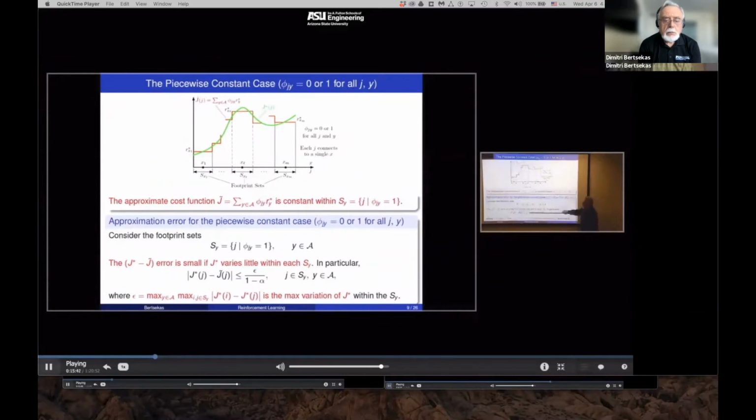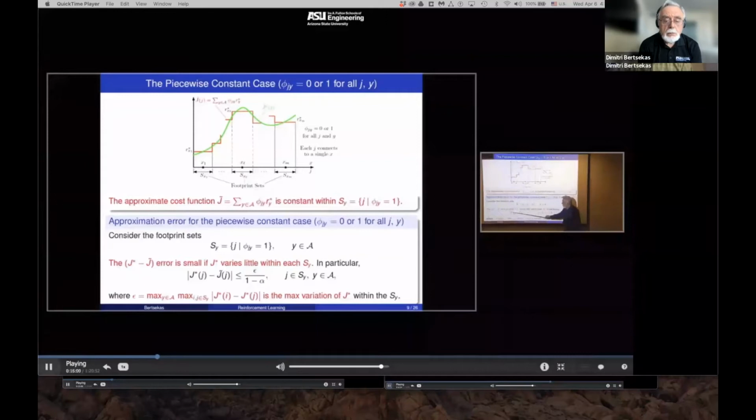Then J tilde produced by the aggregation scheme is within epsilon of J star, but divided by 1 minus alpha, which I don't particularly like. But the thing to read from this theorem is that the error is small if J star does not vary very much within this footprint.